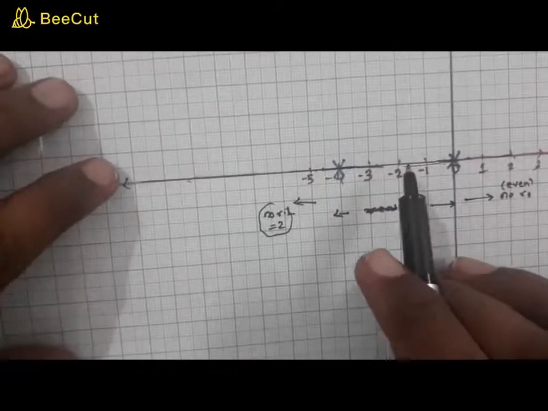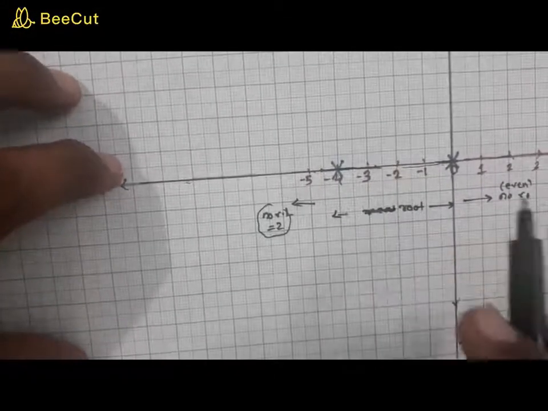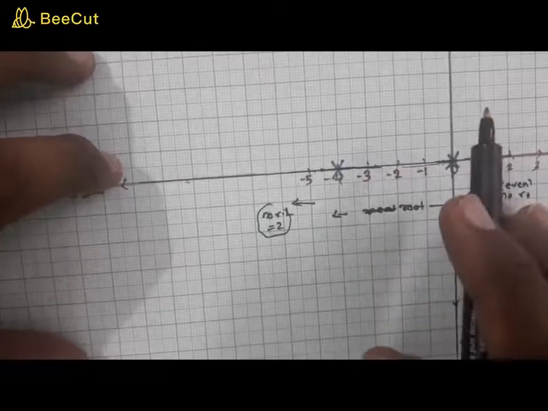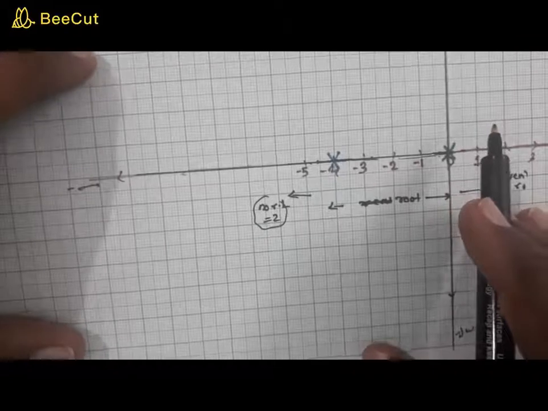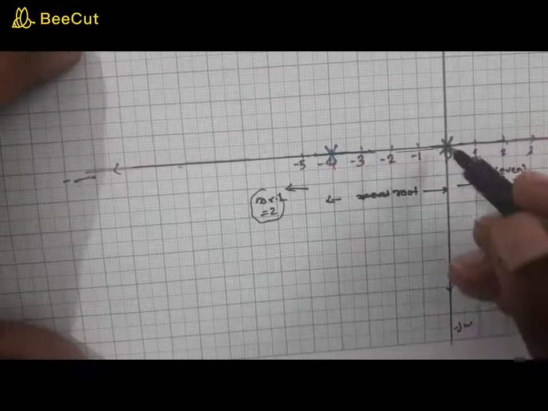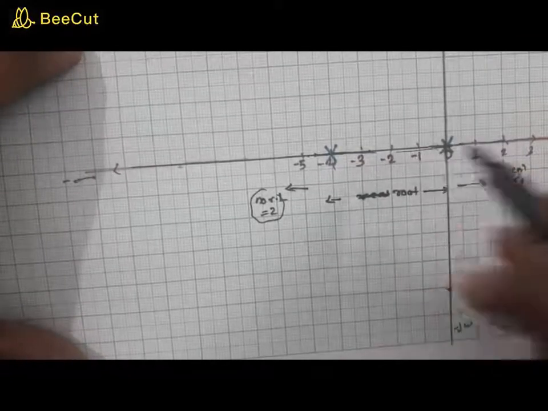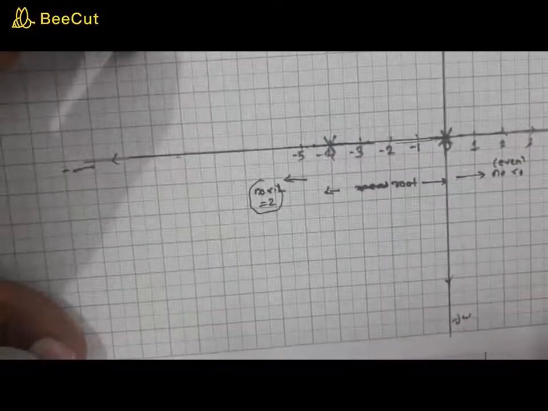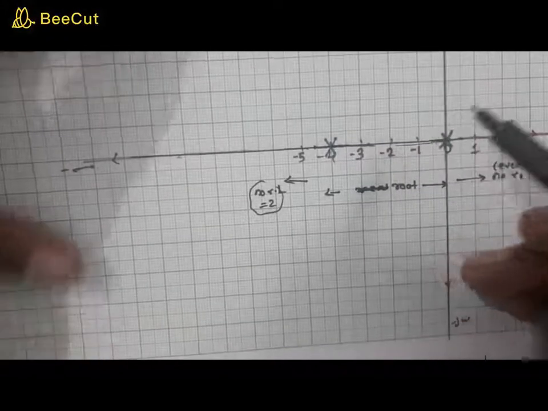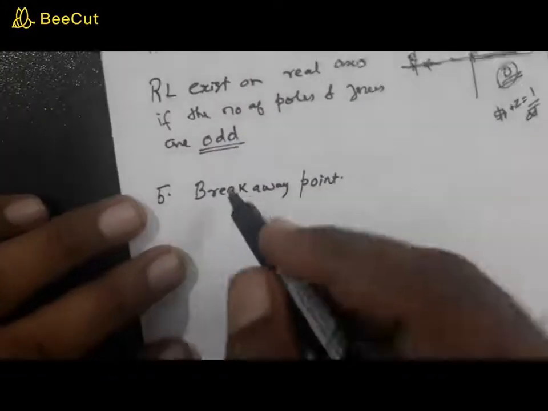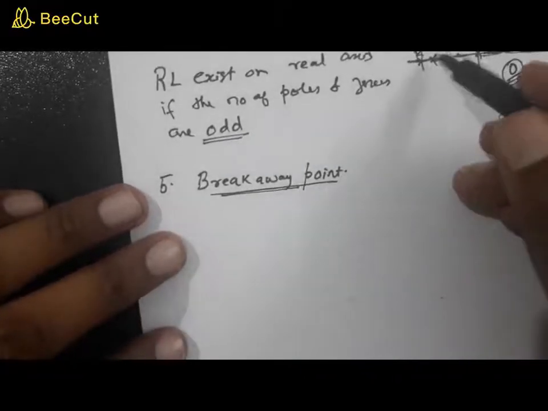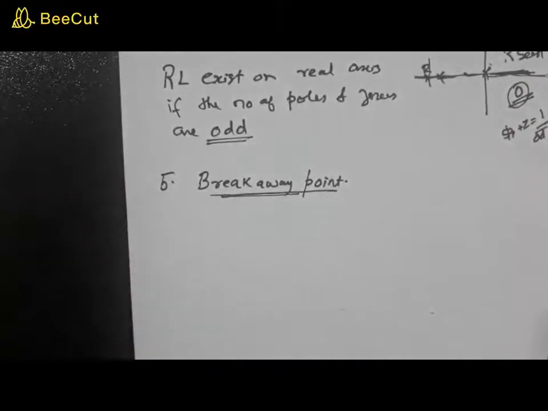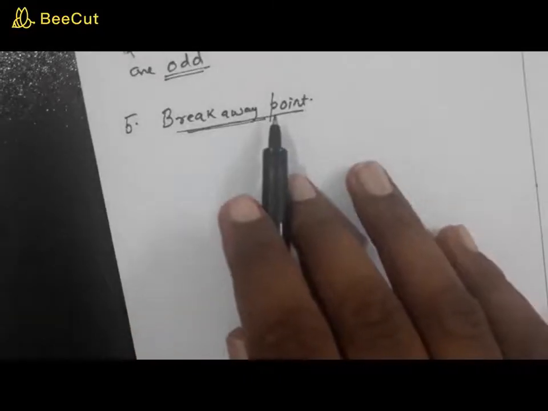So definitely one pole has to go away from the other pole, so they will break up and move in different directions. The first thing we want to know is the point at which they meet. That point where the poles break is called the breakaway point. It is called breakaway because it is breaking and moving away from each other.